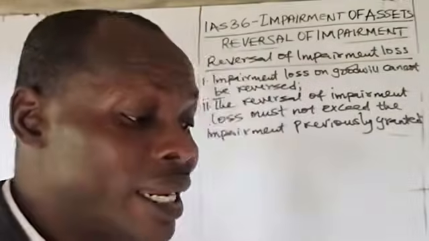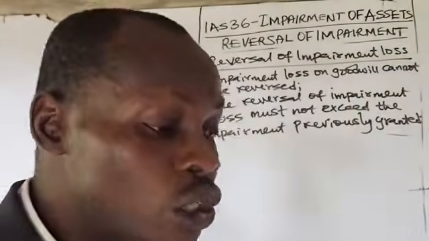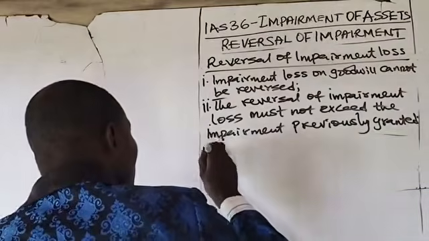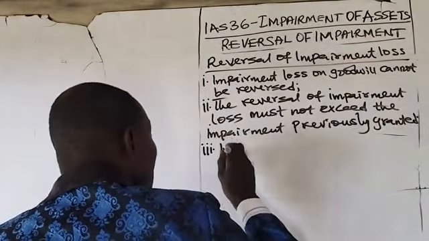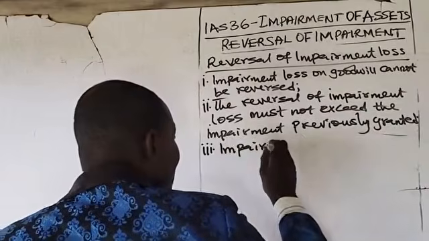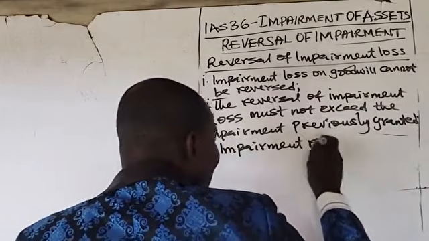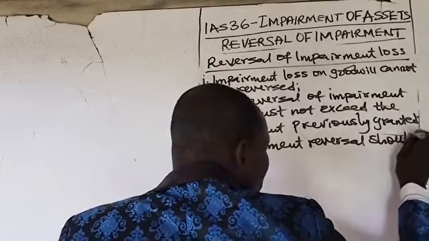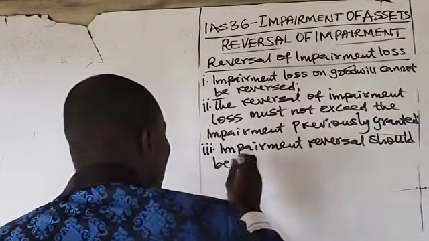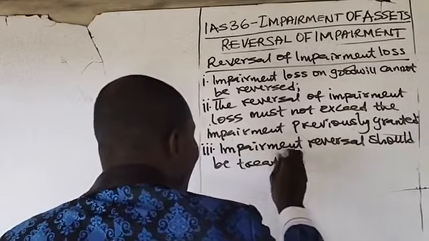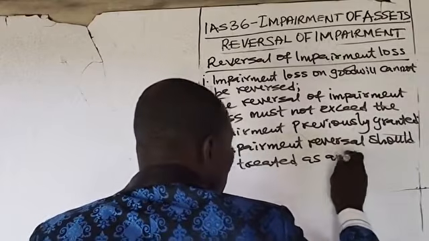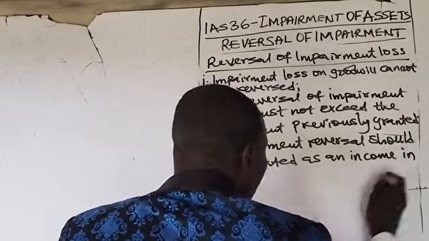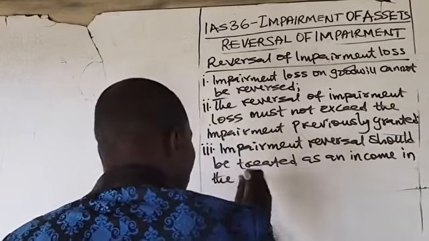Number three, impairment reversal should be treated as an income in profit or loss.